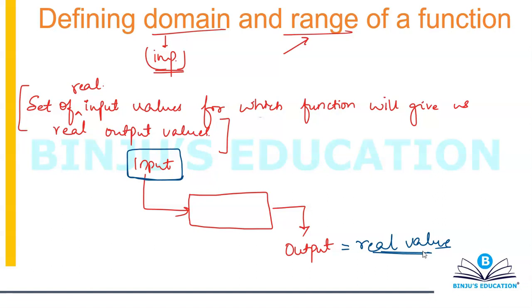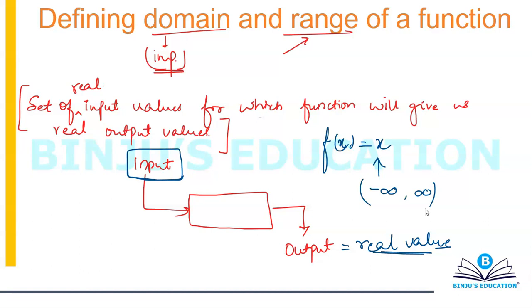For example, suppose I give you a function f(x) = x, a simple linear function. Input any value of x from negative infinity to infinity: 0, 1, 2, 3, 4, 5, 6, 1000, 1 million, 1 billion, -5, -7, -8, -1 million.